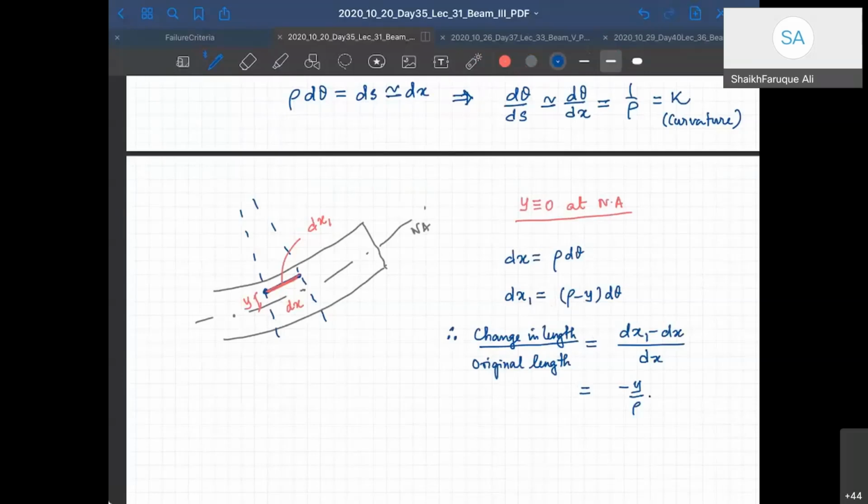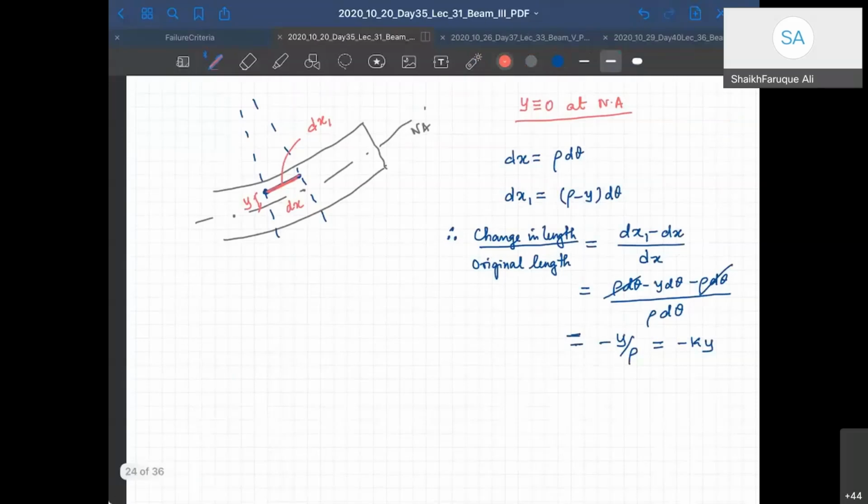Yes. And how do I get there? We missed one step: rho d theta minus y d theta minus rho d theta, by rho d theta. So rho d theta and rho d theta cancel. It becomes minus y by rho, which is equal to minus kappa into y.